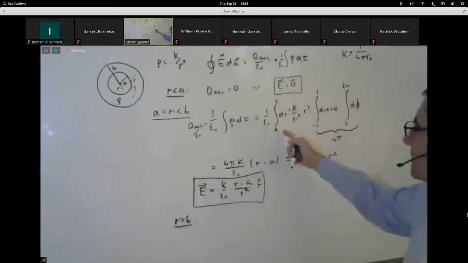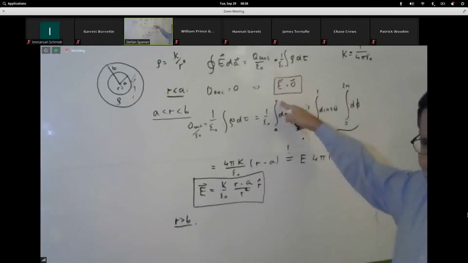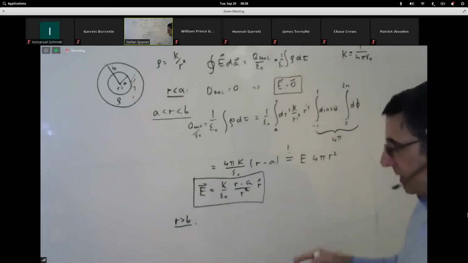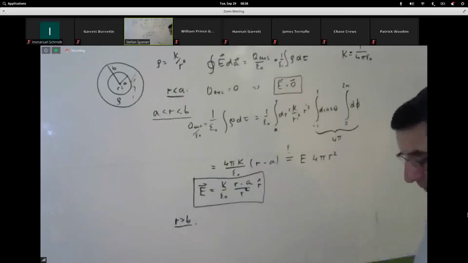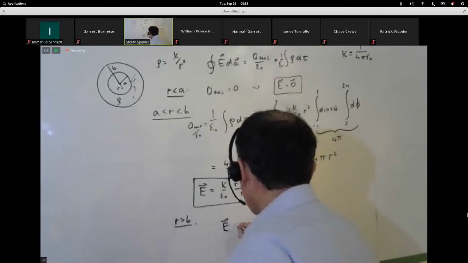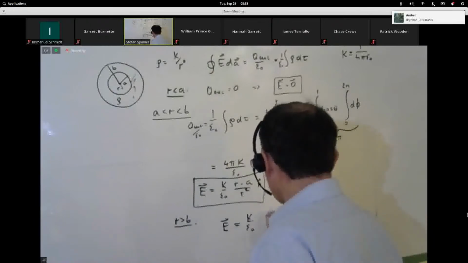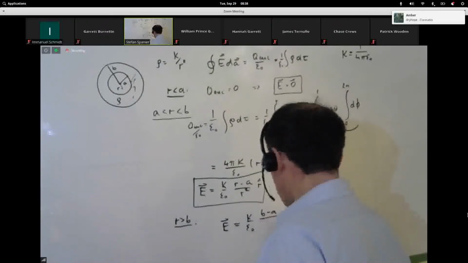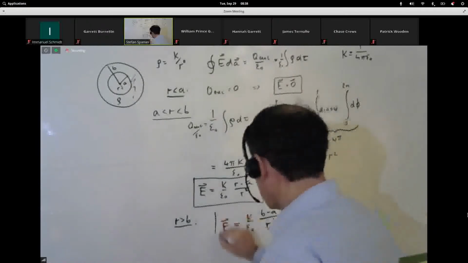Correct. That's the change. Now I do have an upper limit here at b. And so indeed, here I would have b minus a. I solve it accordingly. And so in principle, I'm already done. It's also k over epsilon 0, and then b minus a over r square. And of course, still r hat.